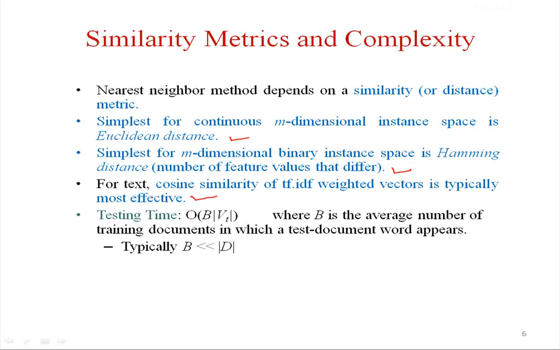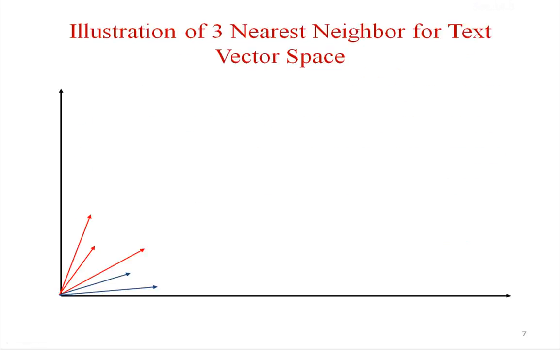Testing time is big O of BT, where B is the average number of training documents in which a test document word appears. Typically, B is much less than the total number of documents. A simple illustration of a 3 nearest neighbor classifier with text vector space.